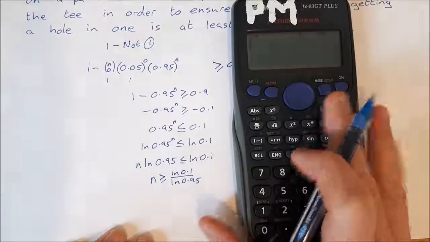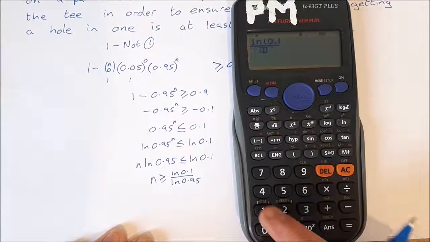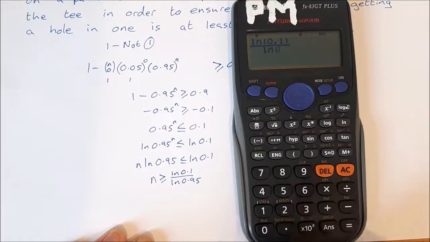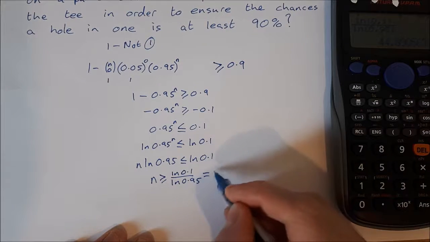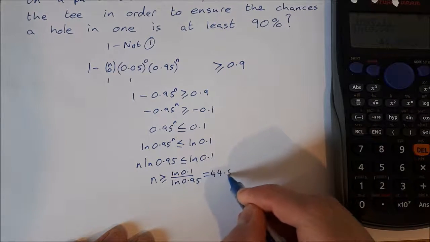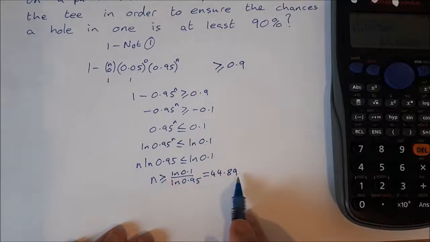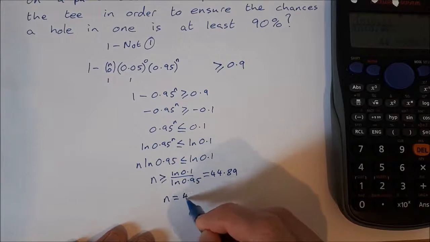So let's do that. It's natural log of 0.1 divided by natural log of 0.95, and that is equal to 44.89. So if n is a natural number that's greater than or equal to 44.89, then n is equal to 45.